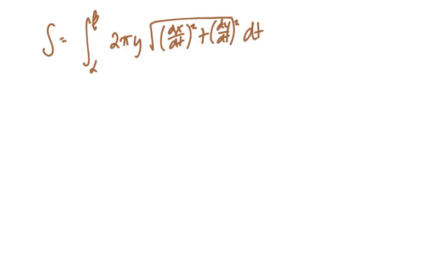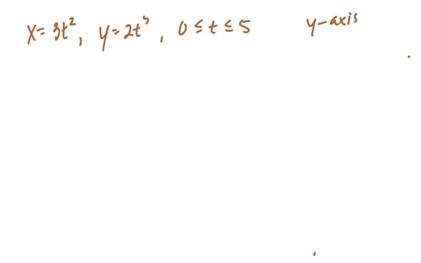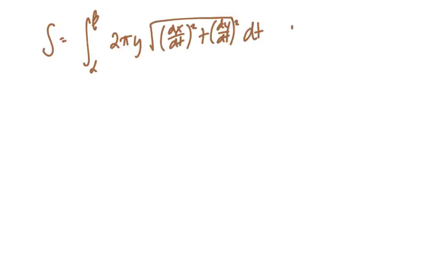Let's look at one of these. It says let x equal 3t squared, let y equal 2t to the third, and let t be bounded between 0 and 5. Now the directions on this problem say find the surface area when rotated about the y-axis. So here's the difference. This is when we're going around the x-axis for our surface area.